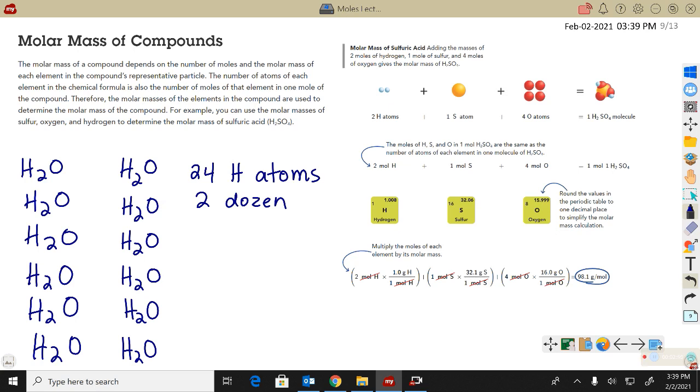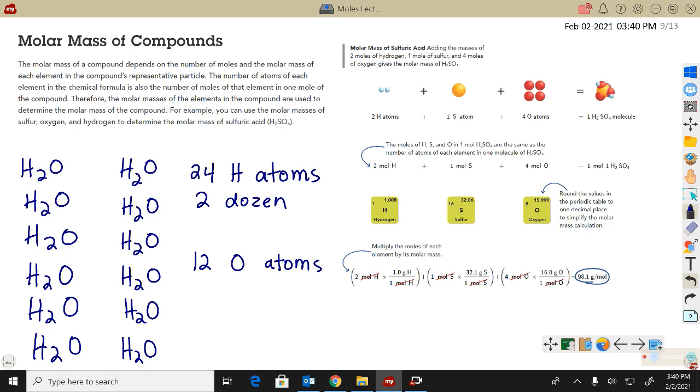I have 24. Kind of along the same lines, I could say 1, 2, 3, 4, 5, 6 times 2. There's 12 oxygen atoms. There's 12 water molecules. Each has 1 oxygen atom for a total of 12.